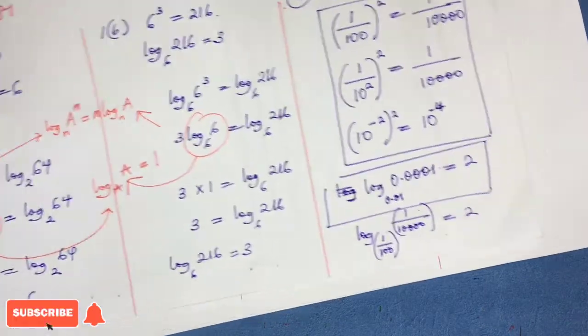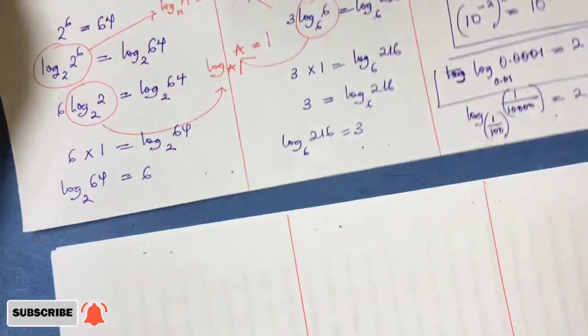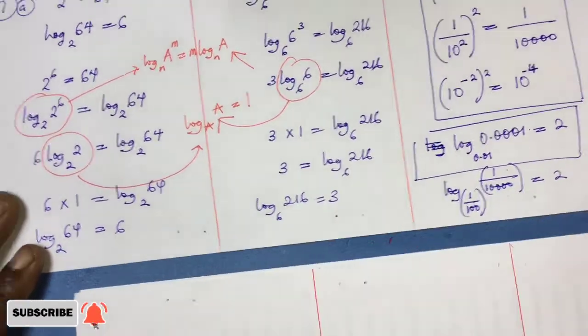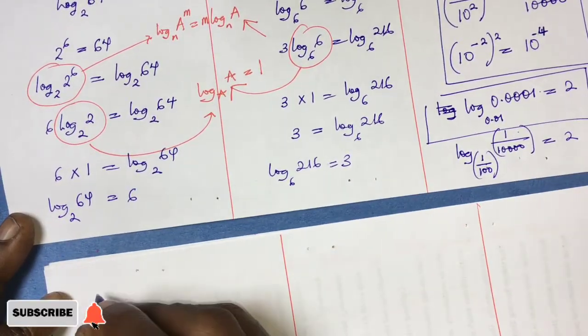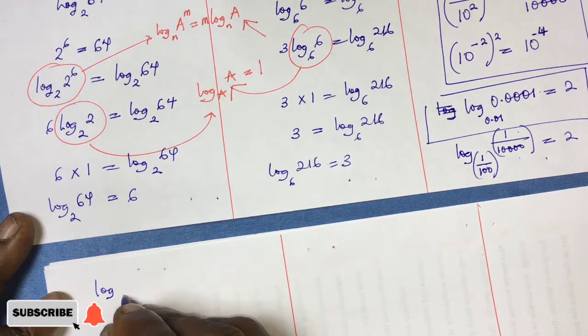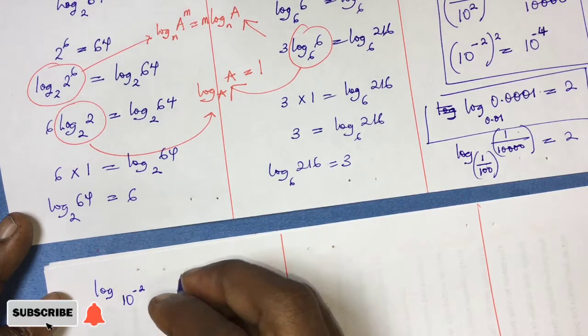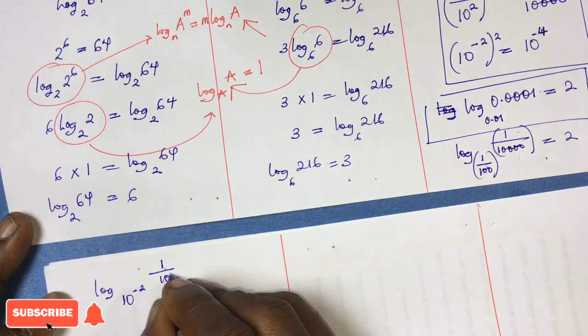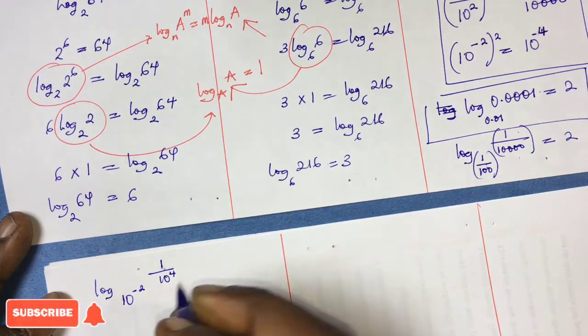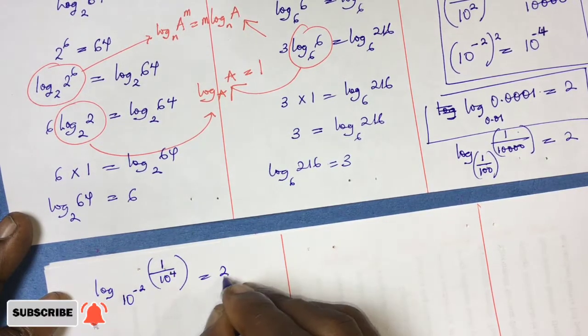Now, if you move ahead, you end up having the problem reducing to this. That is, log of 1 over 10 raised to power 4 in base 10 raised to power minus 2 will be equal to 2.